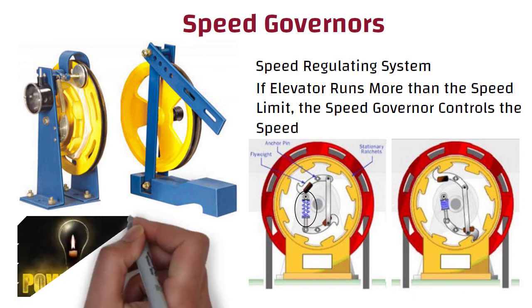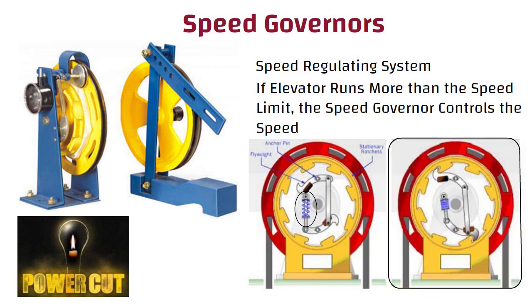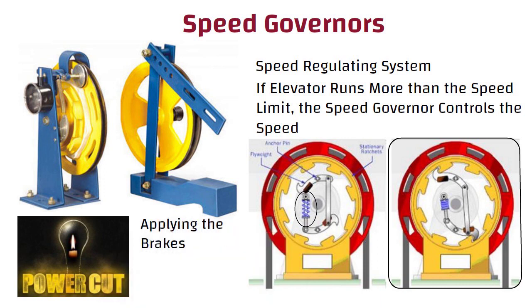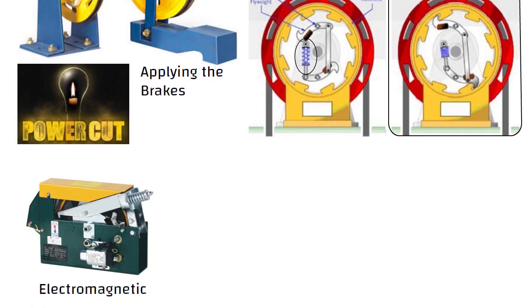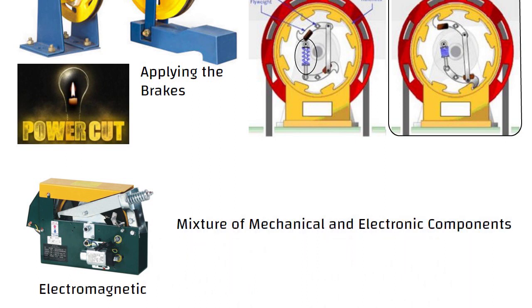First, they might cut power to the lift motor. If that fails and the lift continues to accelerate, the arms will fly out even further and trip a second mechanism applying the brakes. Some governors are entirely mechanical, others are electromagnetic. Still others use a mixture of mechanical and electronic components.